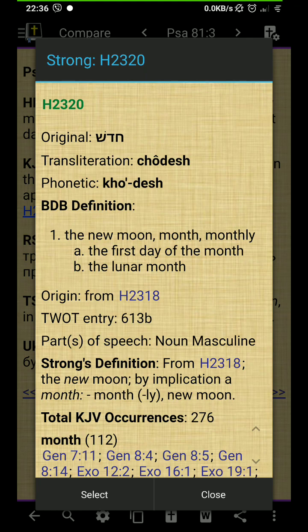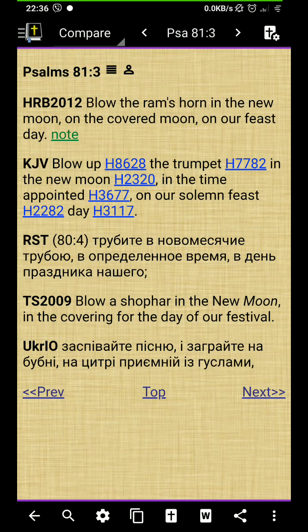We'll see new moon, but the word here is Hodesh. So Hodesh is a month, the measurement of time, while the word for moon, the heavenly body, is Yarech. So it's two different words, and it's not an appropriate translation here. In a lot of places it's a mistake because they should put new month.